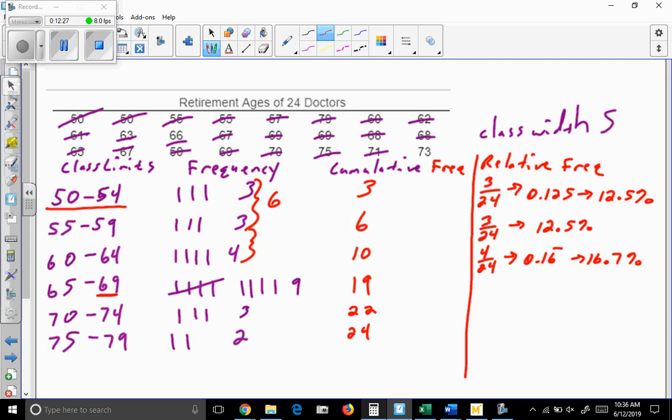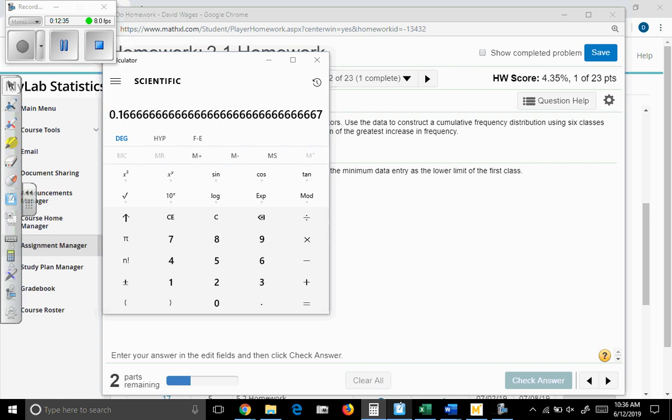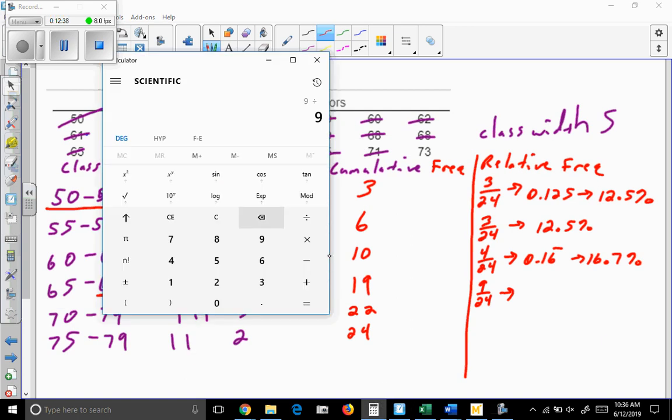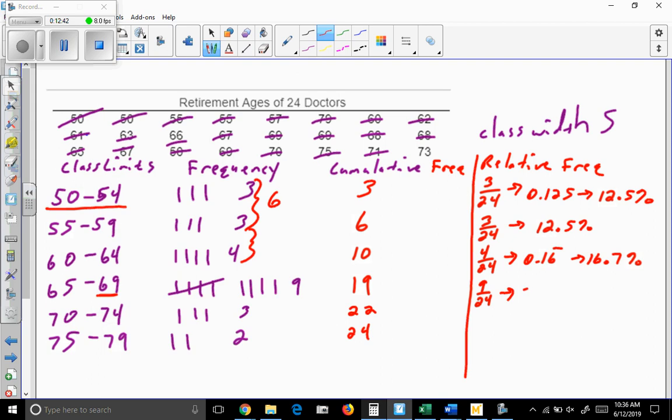The next category has 9 elements out of a total of 24. So 9 divided by 24 is 0.375, or 37.5%.